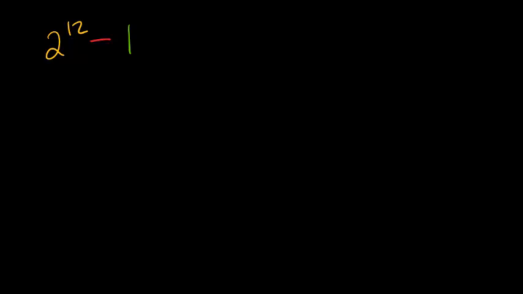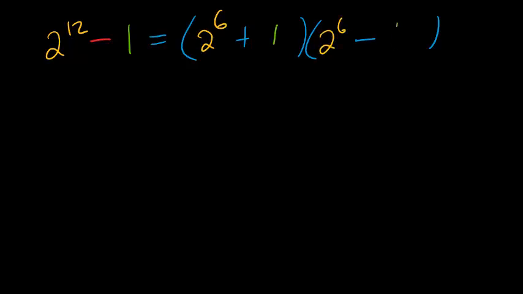Next question, 2 to the power of 12 minus 1. So this is going to give me two brackets. One's plus, one's minus. 2 to the 12 becomes 2 to the 6, 2 to the 6, and 1 remains 1. So 2 to the 6 is going to give me 64.